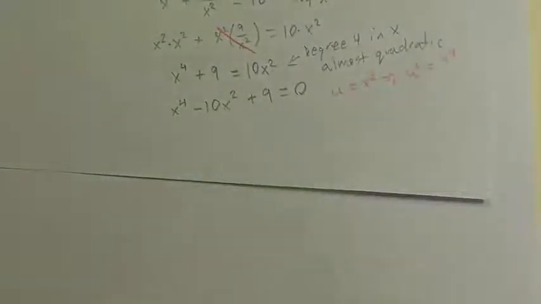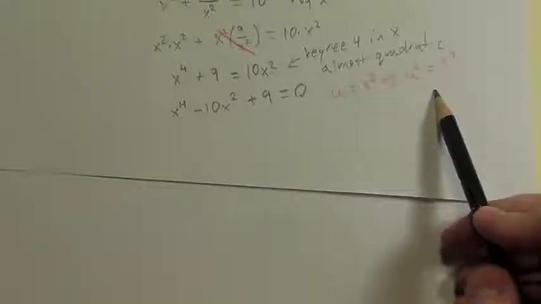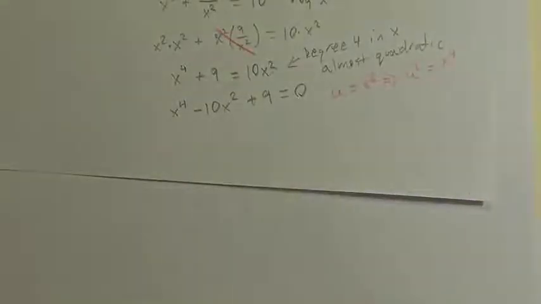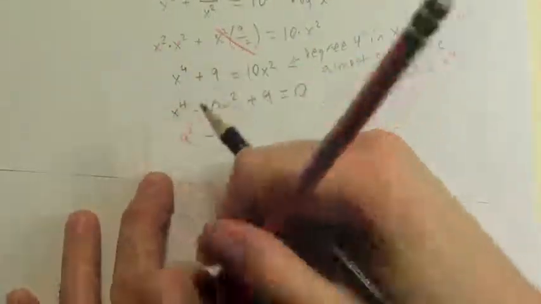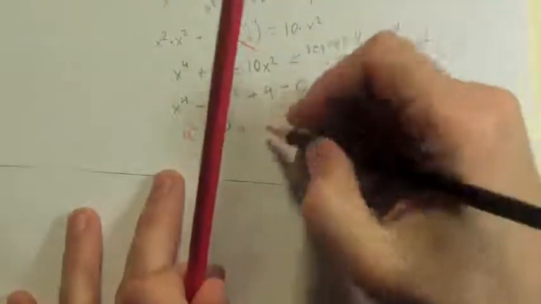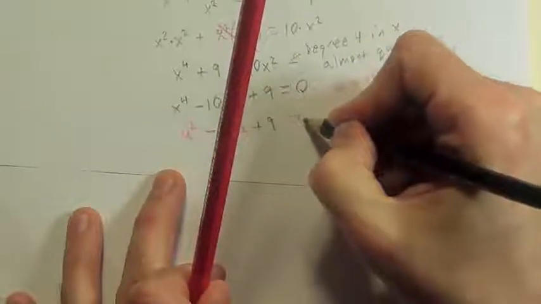So you remember, hopefully, that when you have almost quadratics, quadratic patterns, this is actually u squared minus 10u plus 9 equals 0.